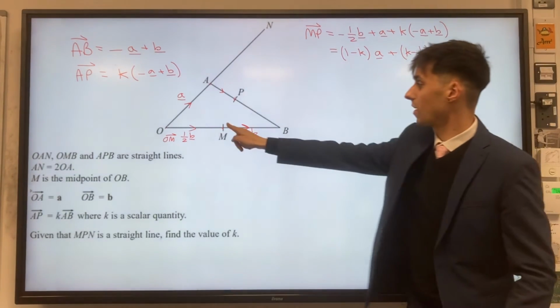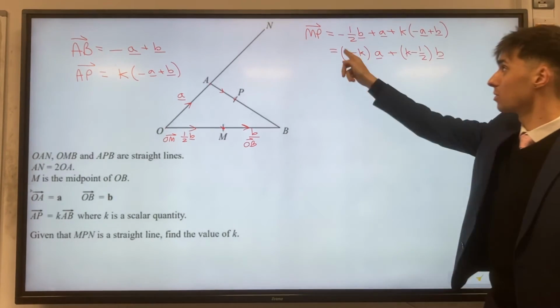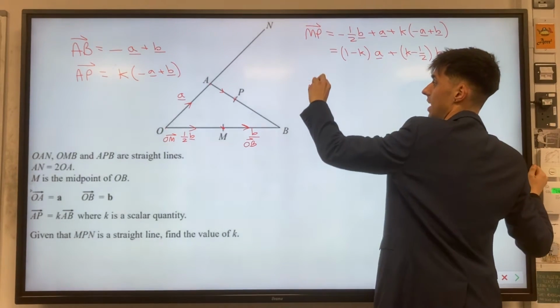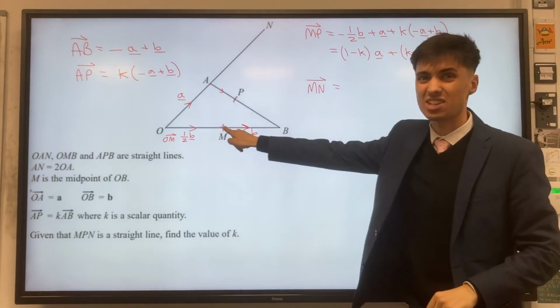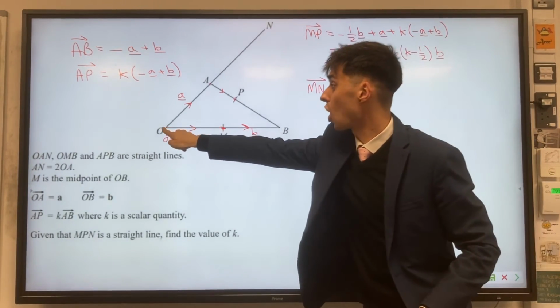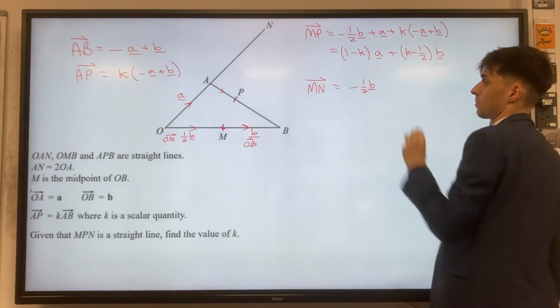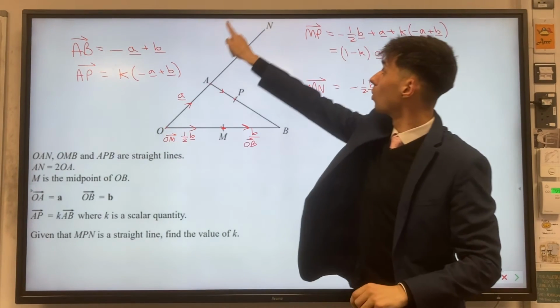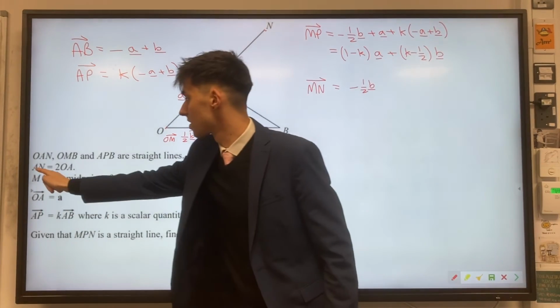We'd also like to find the vector M to N, because that's going to be parallel with this vector. So let's next look for vector MN. And to go from M to N, it's actually a little bit easier. We go from M to O first of all, so that's minus a half B. And then we go from O all the way up to N. And we have to use this fact to help us.